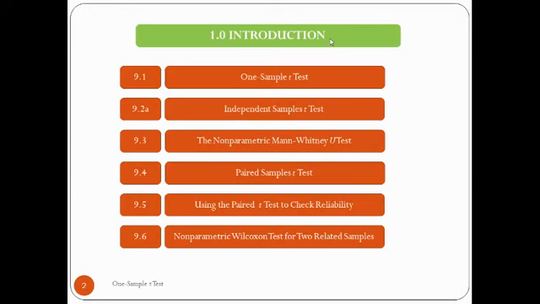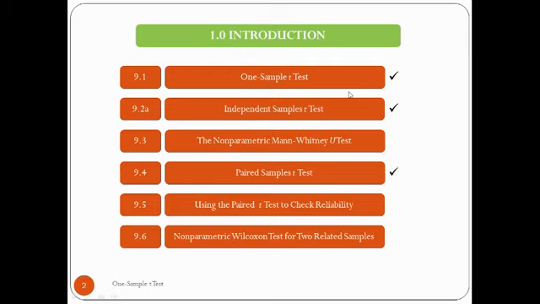So let us go to what we have and will cover in the subsequent movies. As you are well aware already, we did cover one sample t-test already. We also covered independent samples t-test in the previous movie.